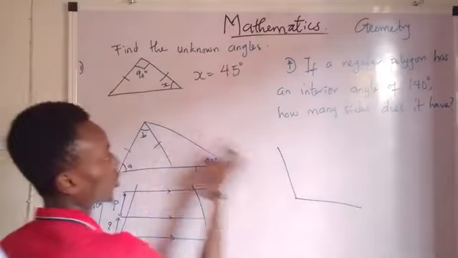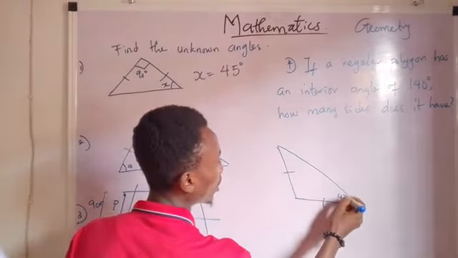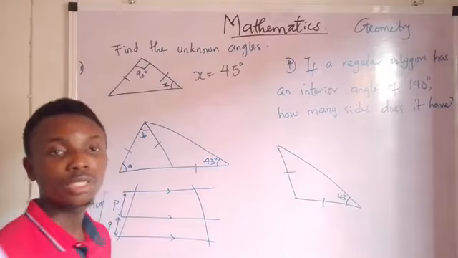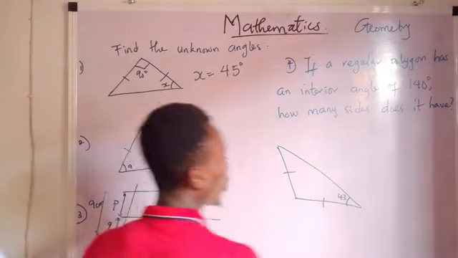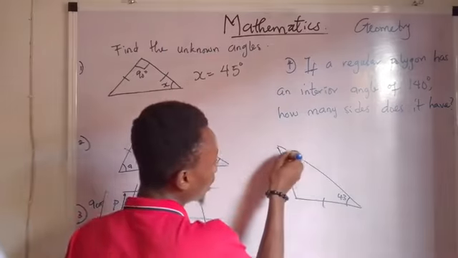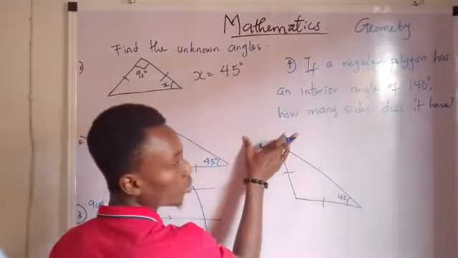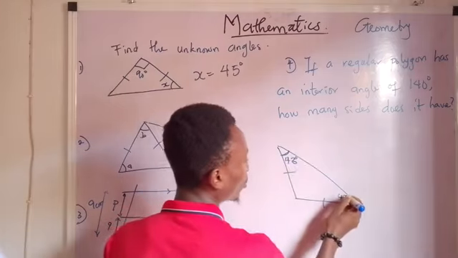Let's cut this one out. You have here to be 43. Now remember, I just said that the base angles of an isosceles triangle are equal. And so if this is 43, this is the second base angle. These two are the base angles of this isosceles triangle. So this is 43 and this is 43 degrees also.